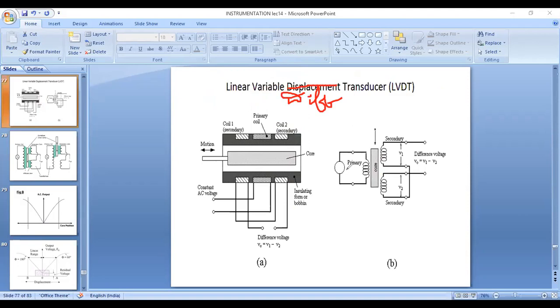So this is the primary winding, and these are secondary windings. I call this secondary 1 and I call this secondary 2. So secondary 1 and secondary 2 are arranged in such a way that the currents through secondary 1 and secondary 2 are opposite to each other.